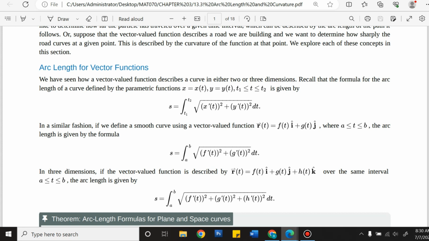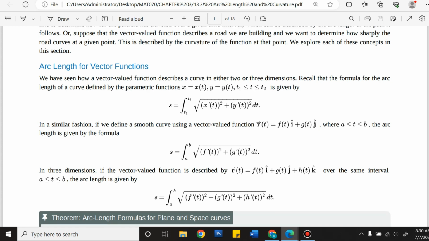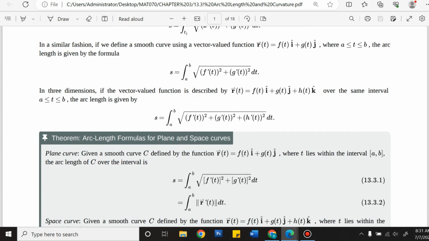But if what is given to you is not functions but vectors, vector valued functions, this will be the formula. If you noticed, they are the same except for the variables used.